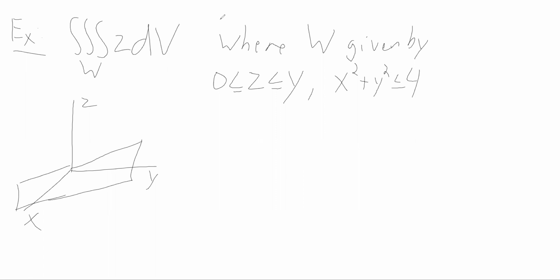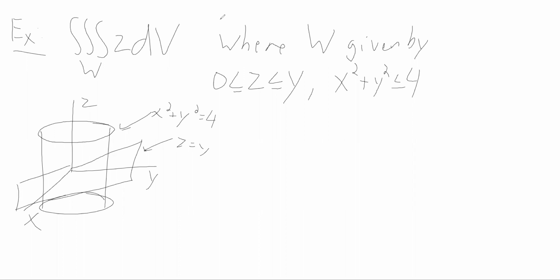So that's our plane, z equals y, bounded below by z equals 0. And we lie inside the cylinder x squared plus y squared equals 4. So it's kind of hard to see all this here, but let's see if we can figure things out.